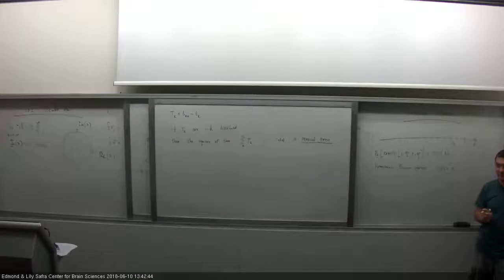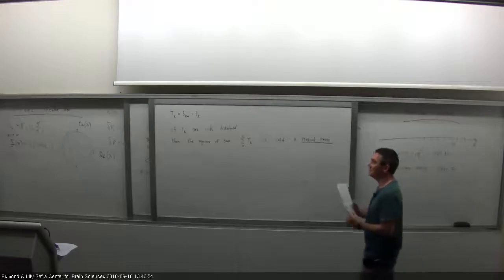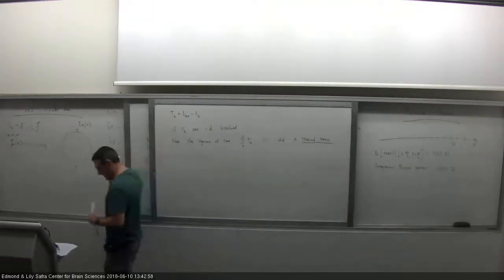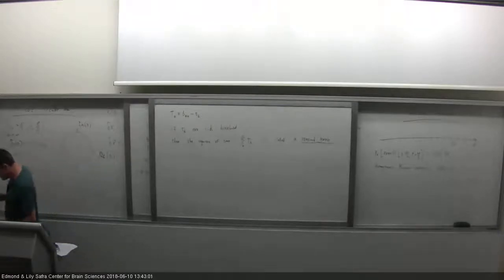Which neuron? Well, you said baseline neuron, that's not firing at all. A neuron that doesn't fire at all is okay. It could be. I need to think about it.